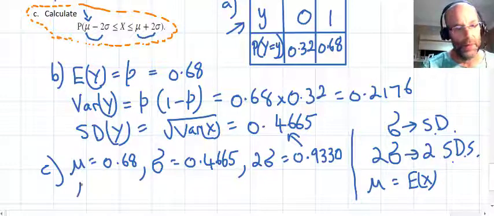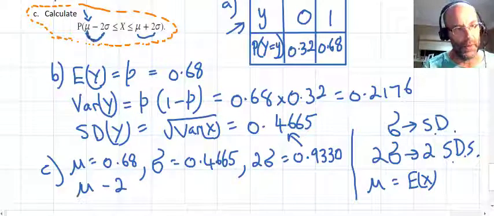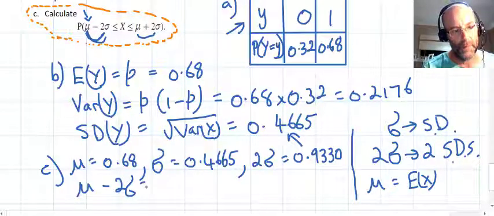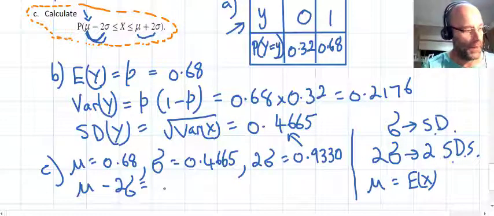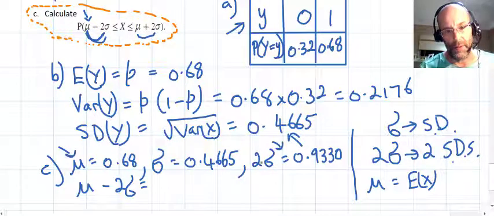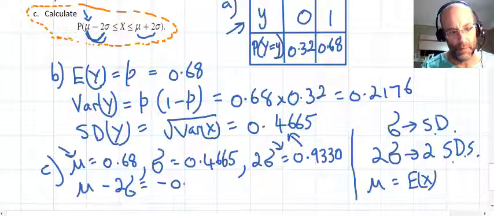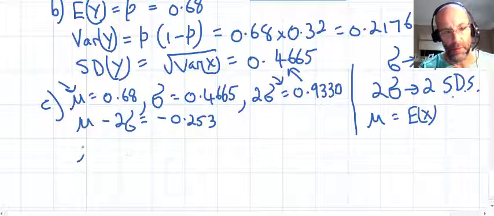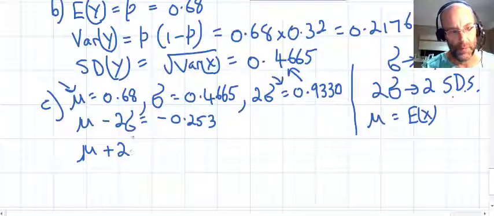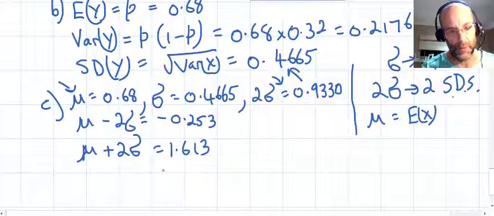And so mu take 2 sigma, which is again there, is basically that mu there, take that 2 sigma there, and you get a negative, and I get negative 0.253. Mu plus 2 sigma, same process, but we add the 2 sigma on this time, and we've got 1.613, if I've done that right.